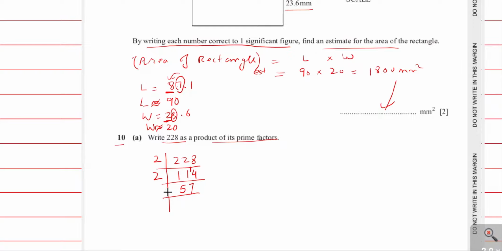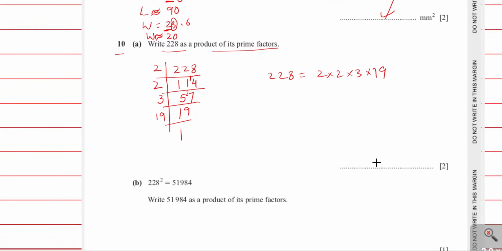And this 57, look here, we can divide by 3. 3 times 1 is 3, and 2 will be carried, and this becomes 27, and 3 times 9 is 27. 19 times 1 is 19, and therefore 228 we can write as 2 into 2 into 3 into 19, and this is the prime factorization of 228.